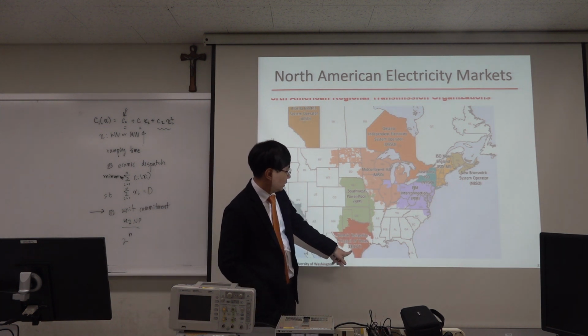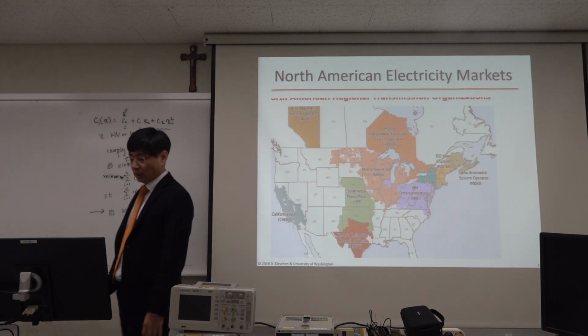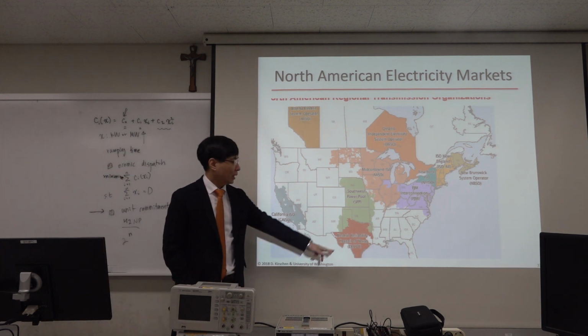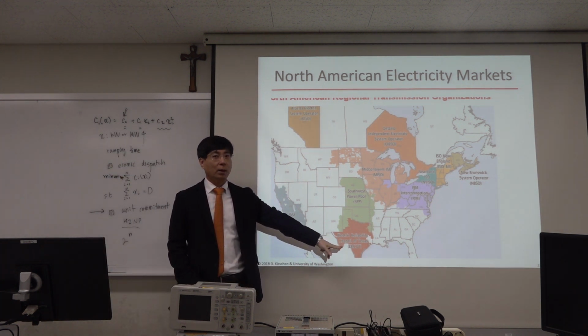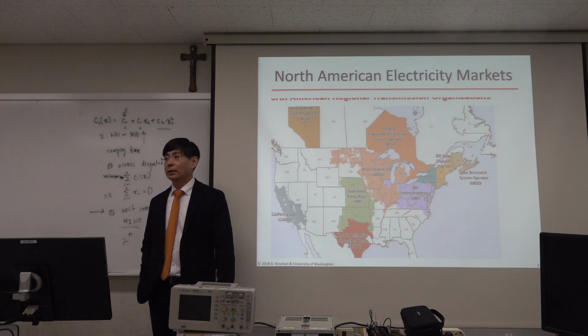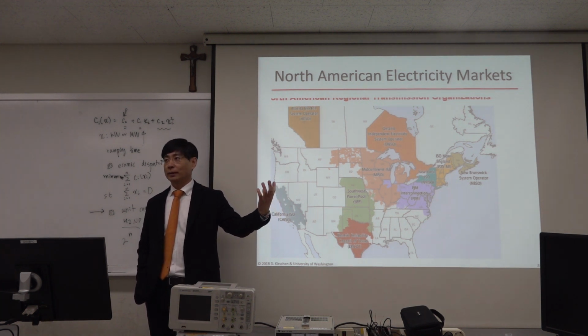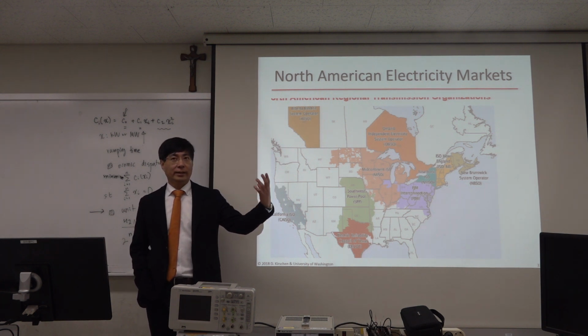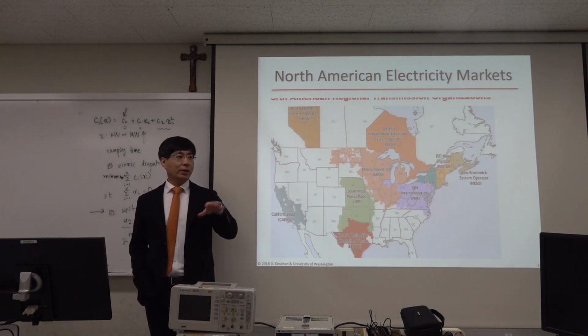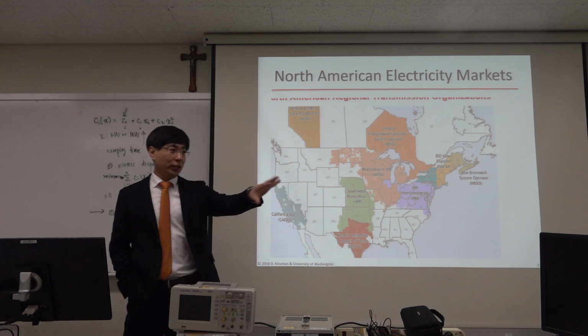Actually, this ERCOT is interesting in the sense that, do you know that Texas was a republic before? Texas was an independent country before. In 1890, I'm not sure, check it.